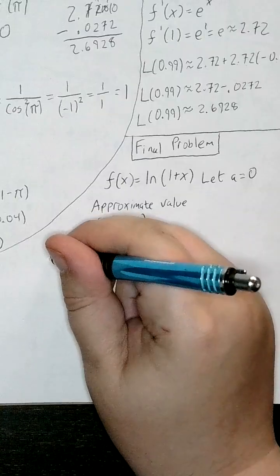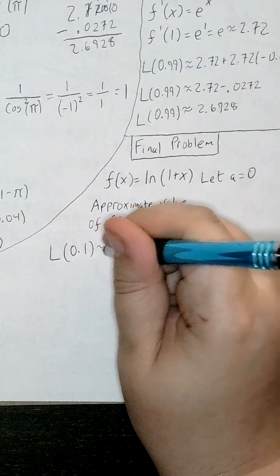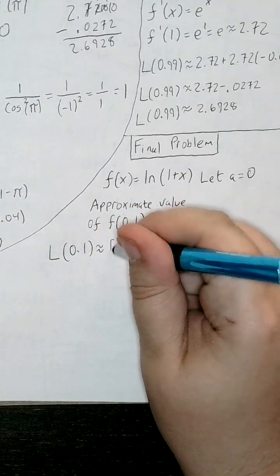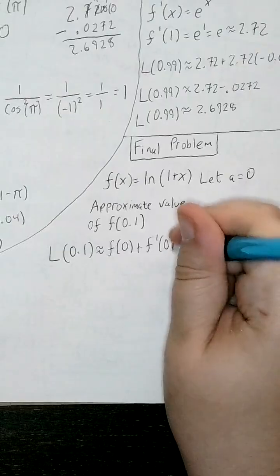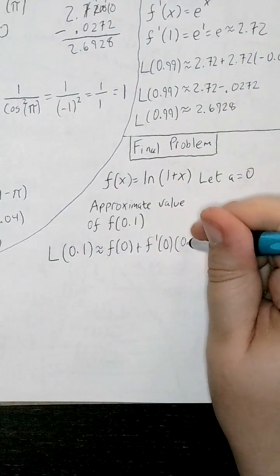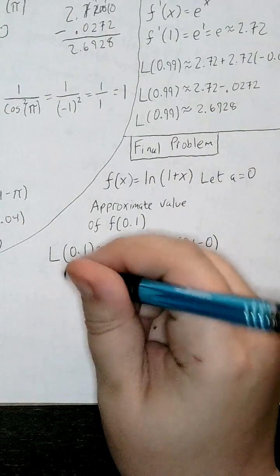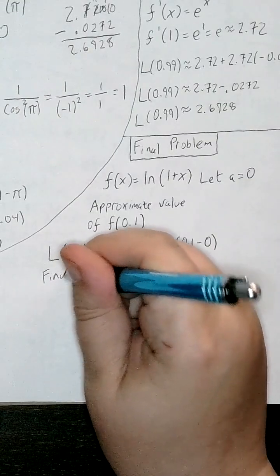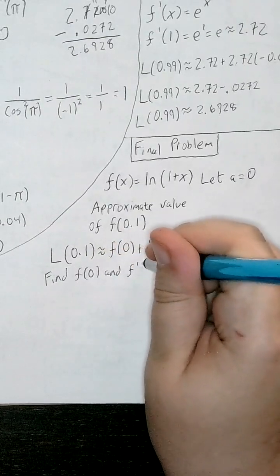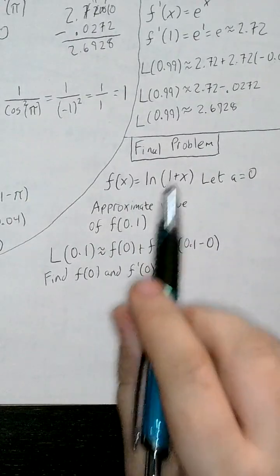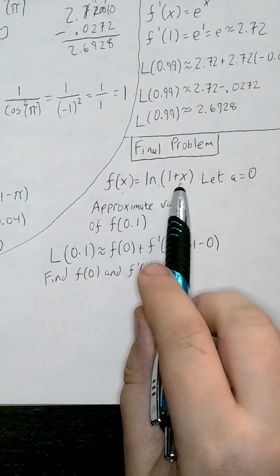Then L of 0.1 is going to approximately equal f of 0 plus f prime of 0 times 0.1 minus 0. So first, we need to find f of 0 and f prime of 0. Now, if I plug in 0 for x, I get the natural log of 1 plus 0.